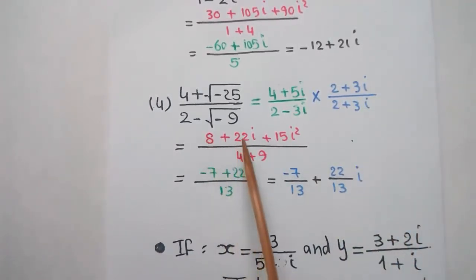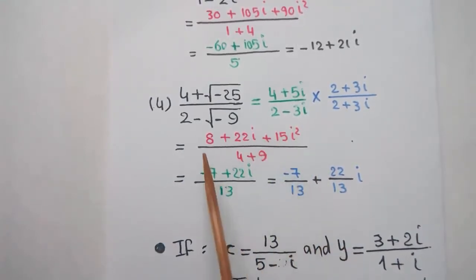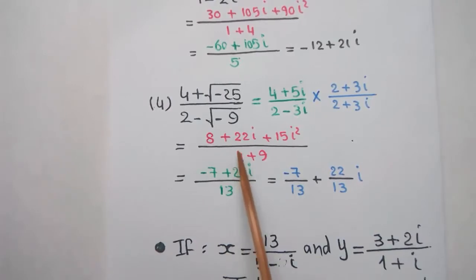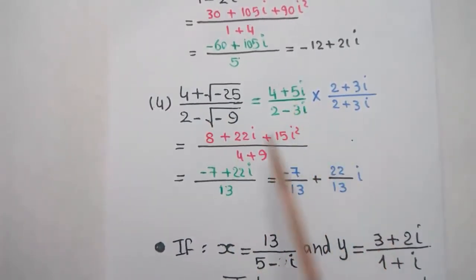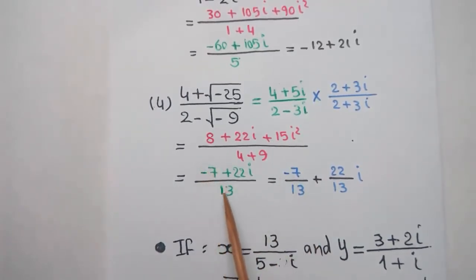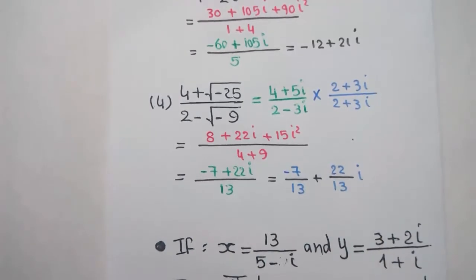It will be 8 plus 22i plus 15i over 2, will be changed to negative. Negative 7 plus 22i. 2 times 2 is 4. 3i times 3i, 3i power 2, 9i power 2 will be changed to plus 9. 4 plus 9 is 13. So negative 7 over 13 plus 22 over 13 i.